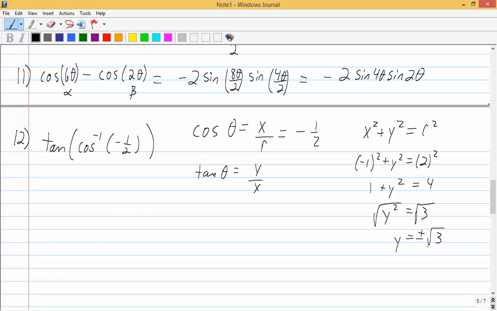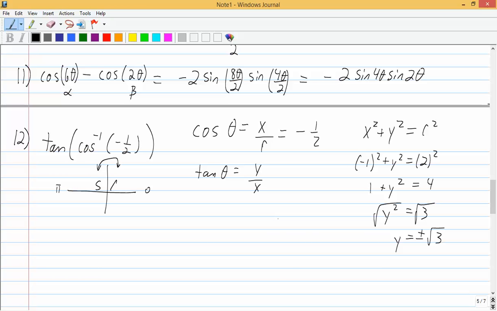Alright, so I need to figure out where this inverse would be located so I'll know whether to take a positive or a negative for my y. This is inverse cosine. Inverse cosine is defined between 0 and pi.